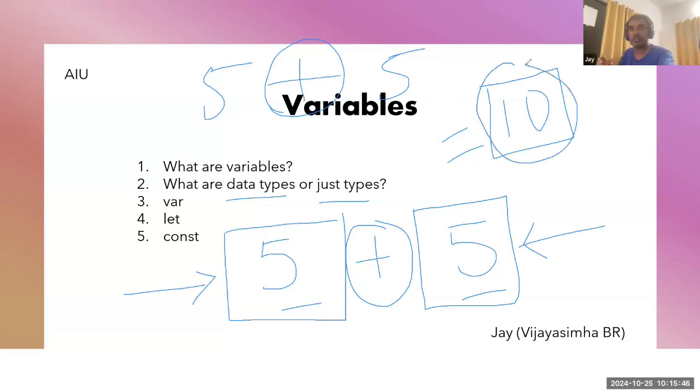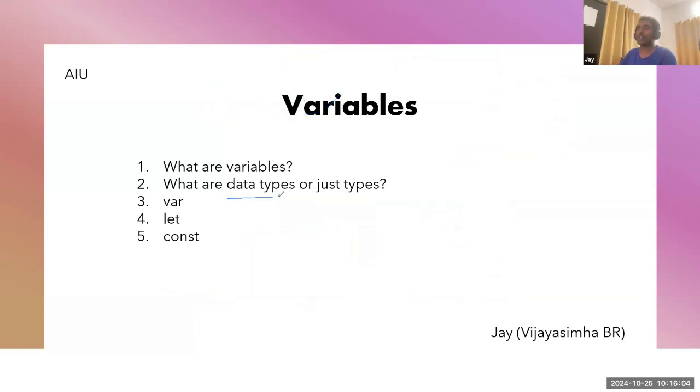The name for these boxes is variables. And you'll hear about these variables for the rest of your programming life. Every time we do something, we create a variable. Now, moving on from variables, a little bit more theory about data types, and then, of course, we'll start doing some coding, right?